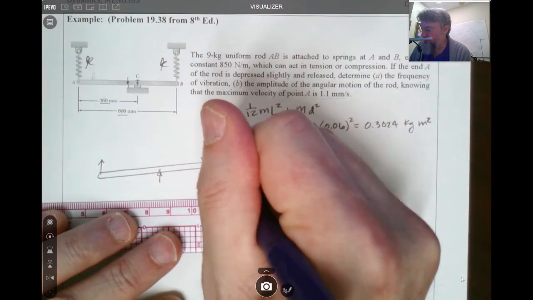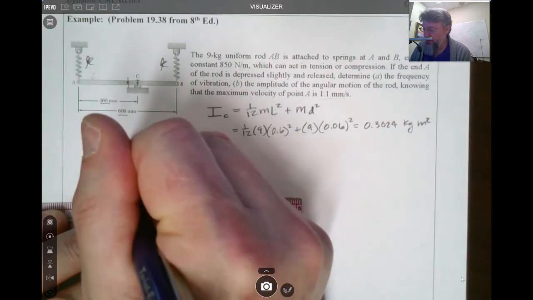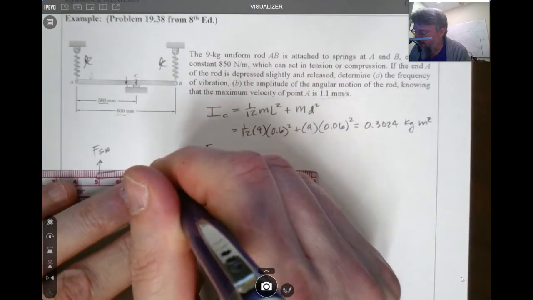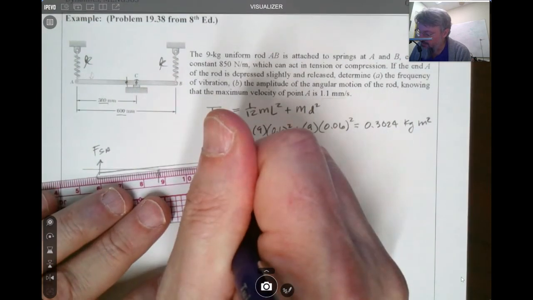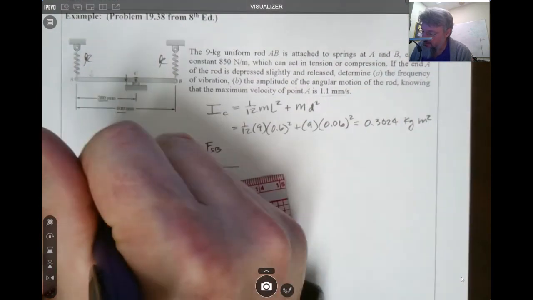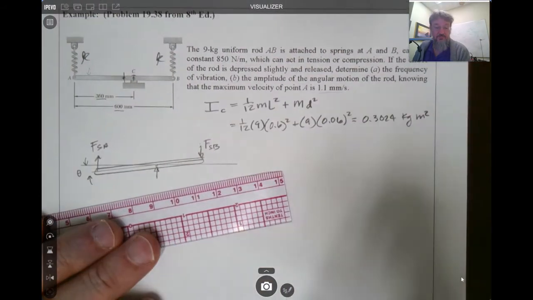This is the force of the spring at B, and here's the force of the spring at A. And we'll say here is like a small angle that has been put into here.